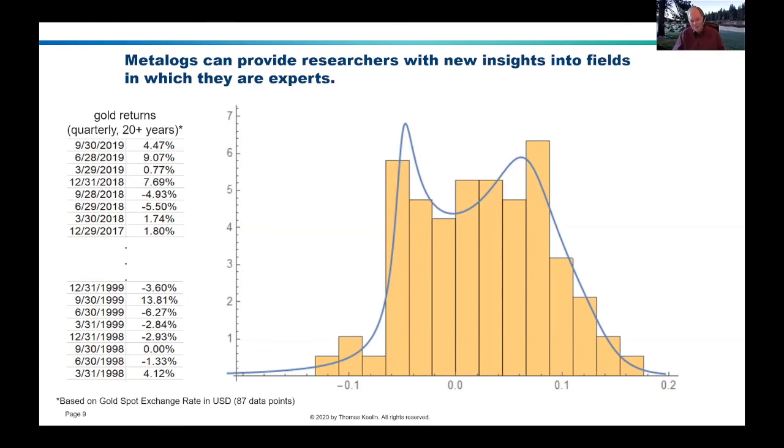And then the next place his mind went was, well, I wonder why this might be happening. And he said, I'm going to go back and look at all this data, and I'm going to find out when the central banks were buying and selling gold. Because he says the central banks have a large herd instinct, and they tend to all buy and sell gold at the same time.